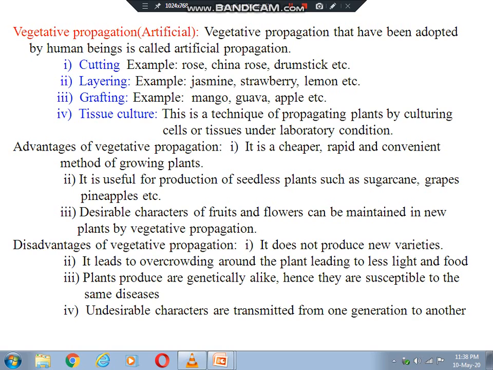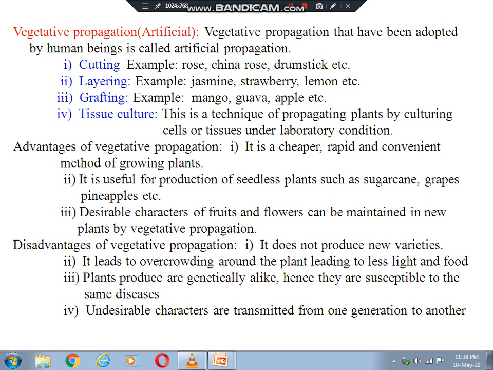Now we have completed already vegetative propagation. Some few points are given here regarding the advantages of vegetative propagation and disadvantages of vegetative propagation. At first, advantages of vegetative propagation. Number one, I am going through the points given here. It is a cheaper, rapid and convenient method of growing plants.